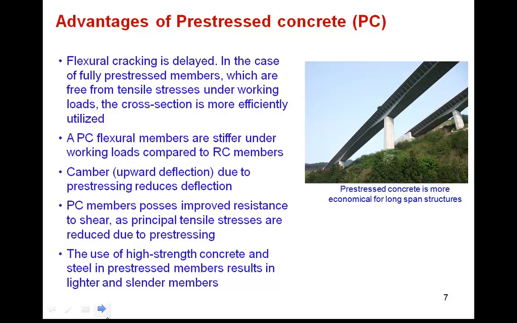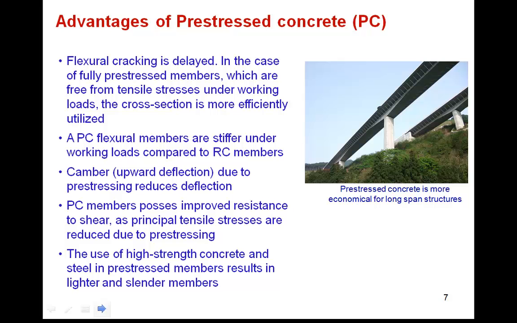So to summarize, the advantages of prestressed concrete structures are: it will delay the cracks appearing in the flexural members, because we are applying the compressive stress that will nullify the tensile stress, so it will delay the cracks appearing in the concrete structures. And that means that the tensile stresses under working loads can be nullified. The cross section is more efficiently used in the concrete.